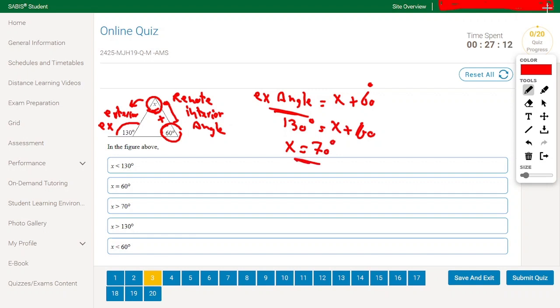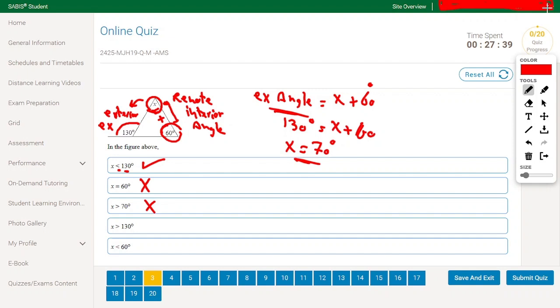So now let's see which option is right. Here we have that x is less than 130. x here equals 70, so this is a right answer. x equal to 60? No, it's 70. x bigger than 70? Here it's bigger than, so this is a wrong answer.